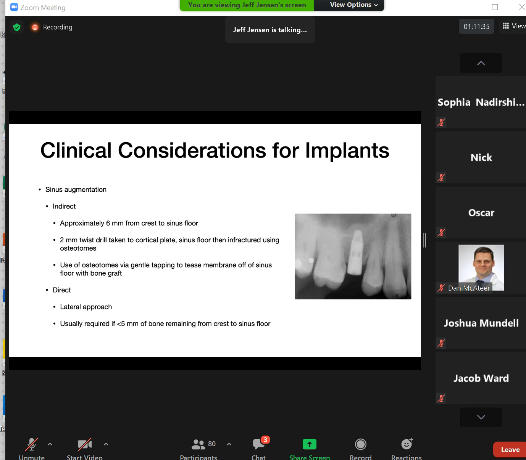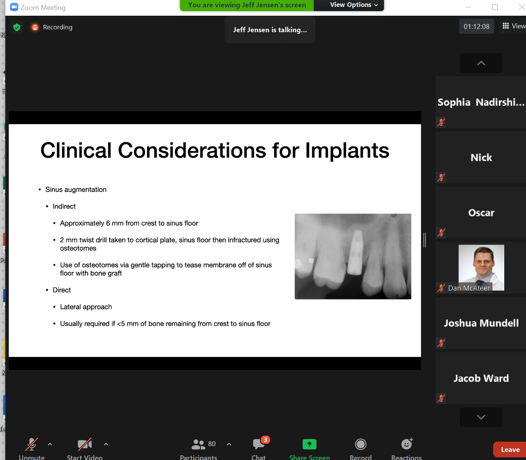So in this case, we take our initial drill and go just short of the cortical plate in the sinus, and we can take radiographs and measure and see where we're at, and then we go to our size and we use what's called an osteotome. It's essentially like a little plug or a little rod, and we tap on it with a mallet and infracture into the sinus, and then we do it gently.